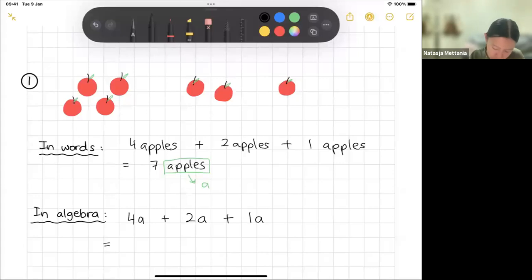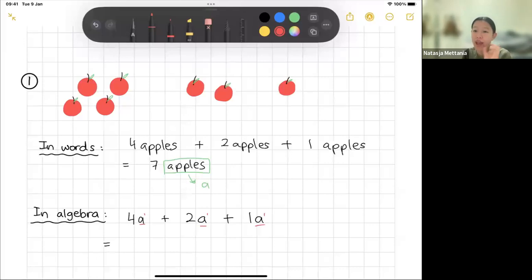Now, are these like terms? Meaning, are they the exact same letter, and do they have the exact same power or exponent? In this case, lucky for me, they're the exact same letter, tick, and they're the exact same power.